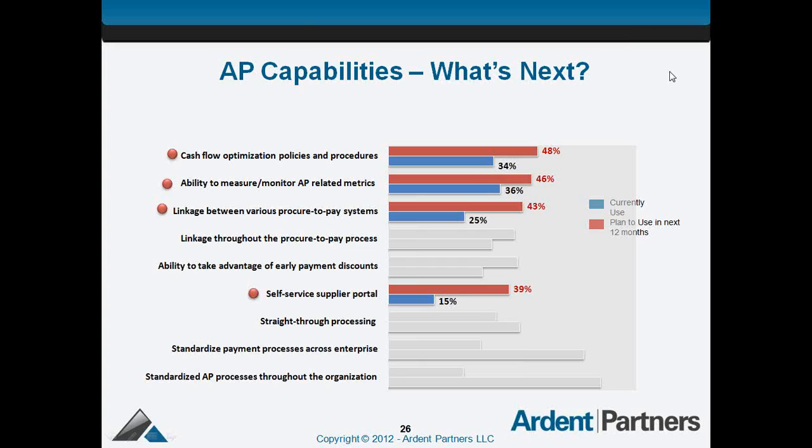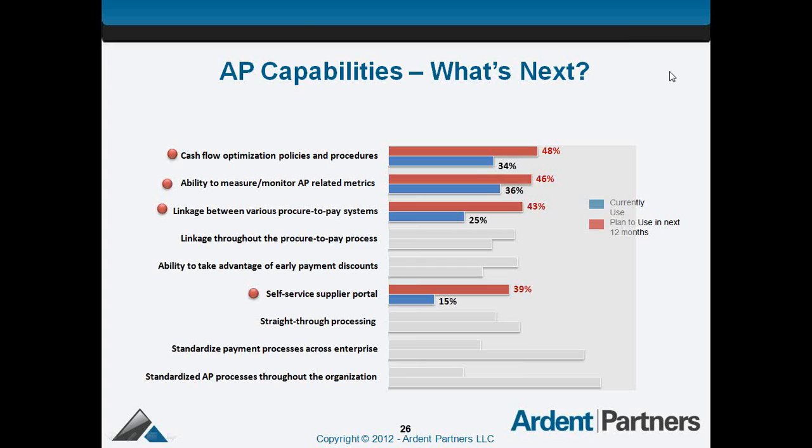And 48% report plans to implement cash flow optimization policies and procedures, and this is one of the strategic benefits that AP can influence, and is one of the results of having an automated process and access to real-time, accurate information as to invoices and payments.